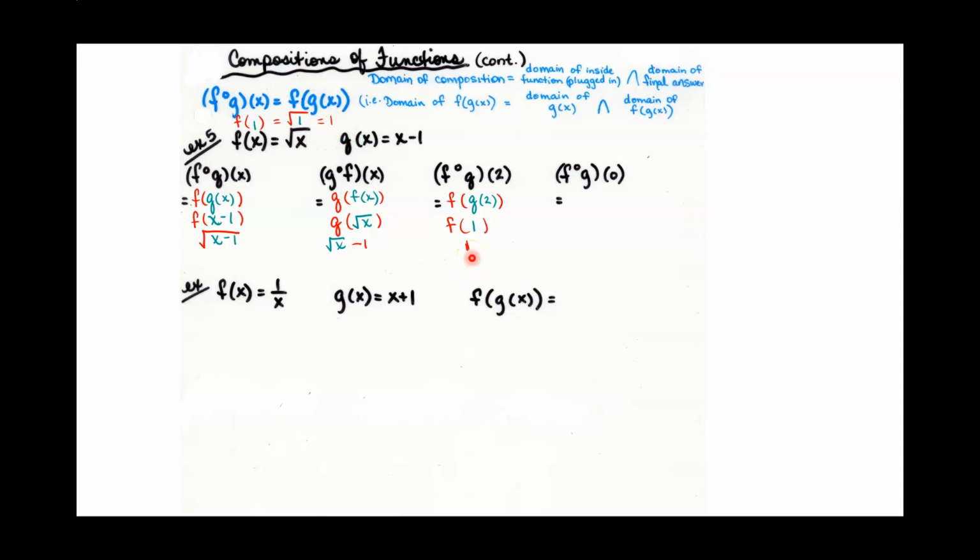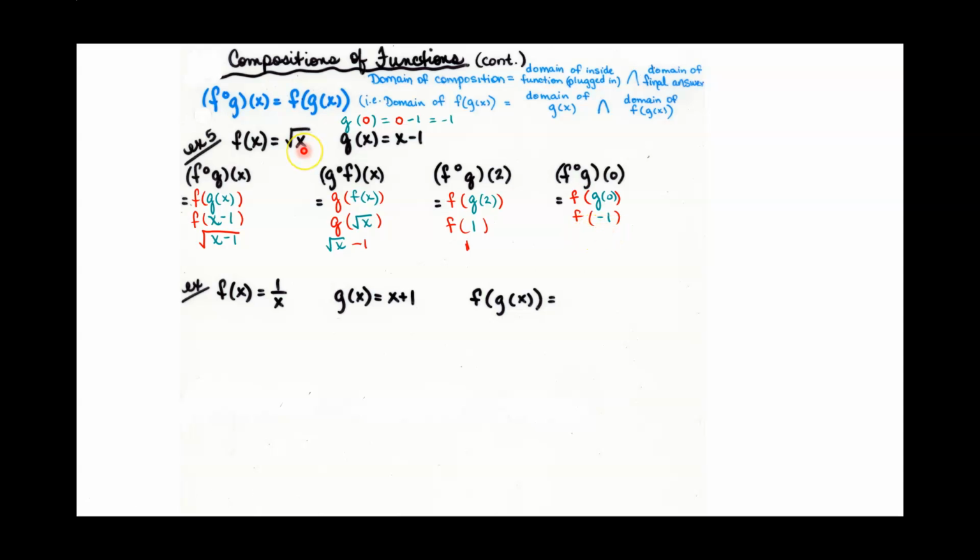All right, how about f of g of 0? Let's start with g of 0. We're going to put 0 in for x in the g function. If I put a 0 right there, that's going to give me negative 1. Now I have f of negative 1.